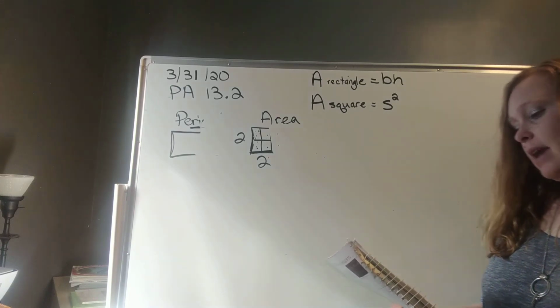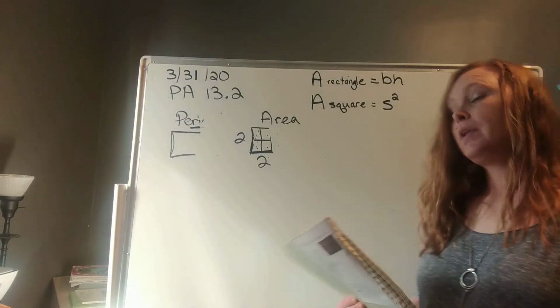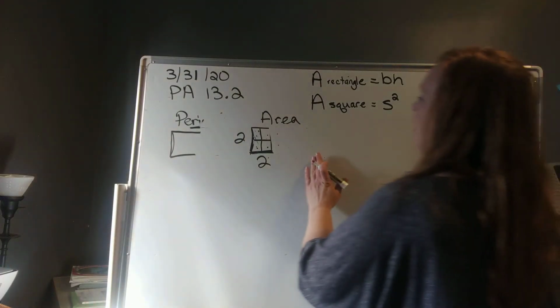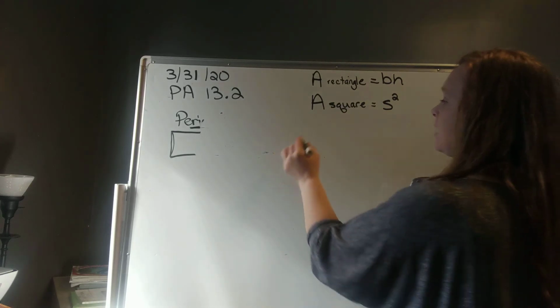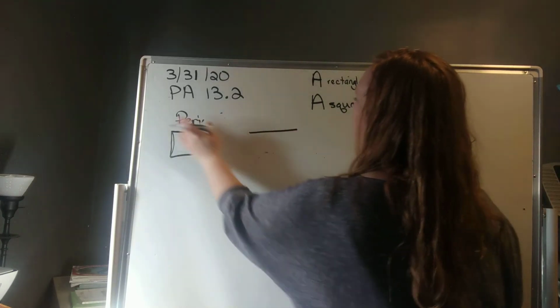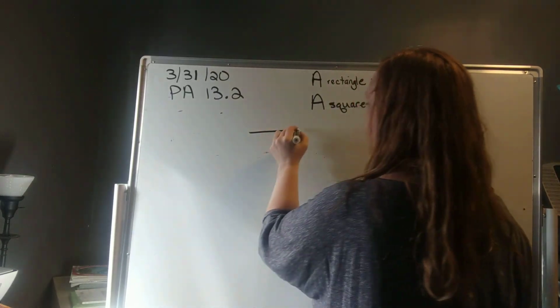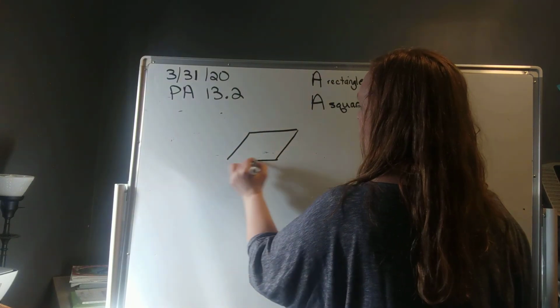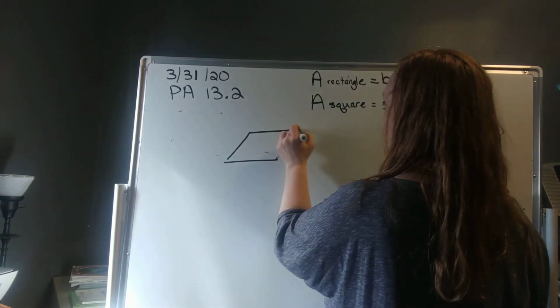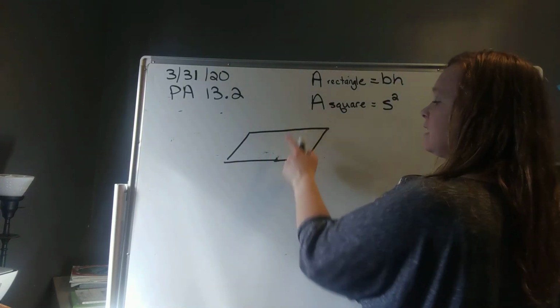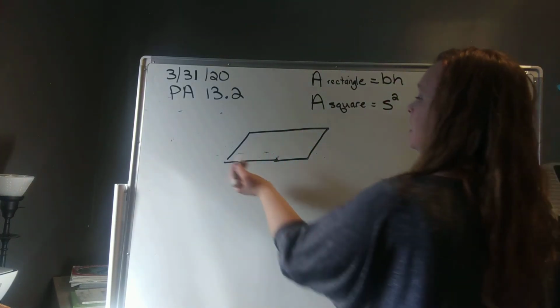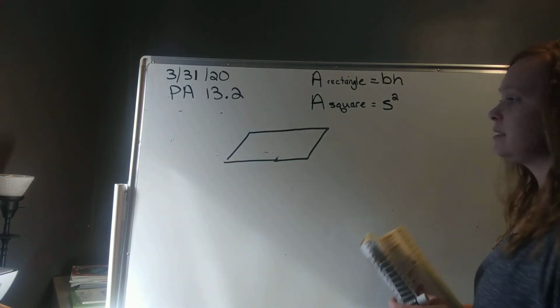Now let's look at just a parallelogram, because if you remember, a parallelogram does not necessarily mean that it's a rectangle. So here's an example of a parallelogram. Remember, this side is parallel to this side, and this side is parallel to this side.